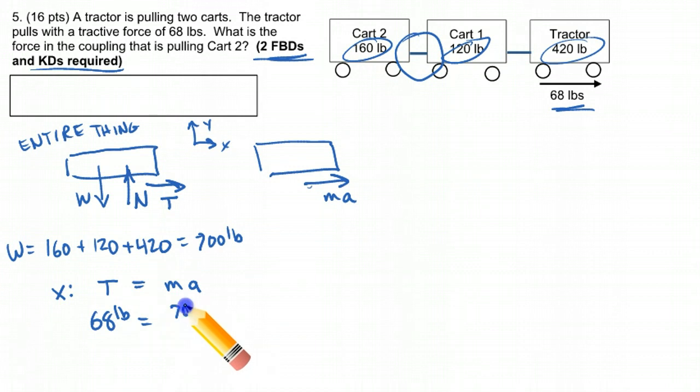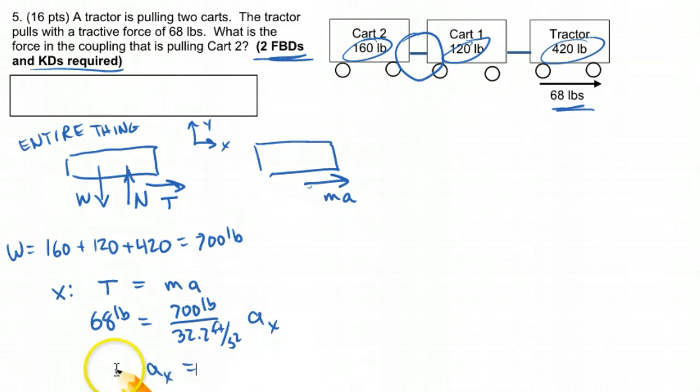The mass is the 700 pounds over 32.2 feet per second squared, and acceleration in the X. So that will give us acceleration in the X of 68 times 32.2 divided by 700, 3.128 feet per second squared. So that's part of the problem.